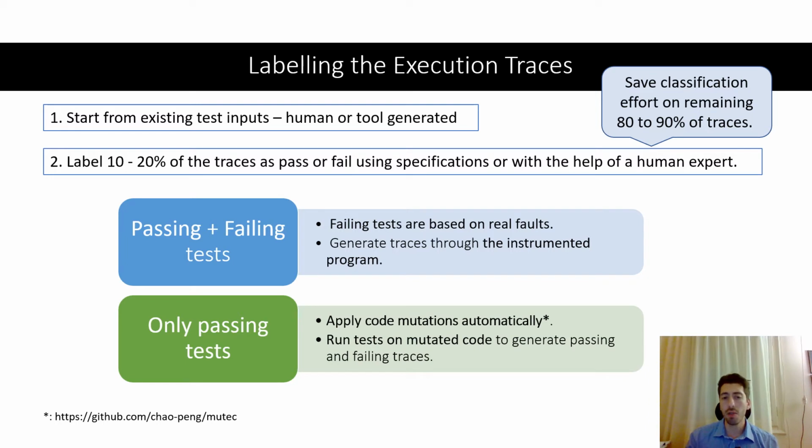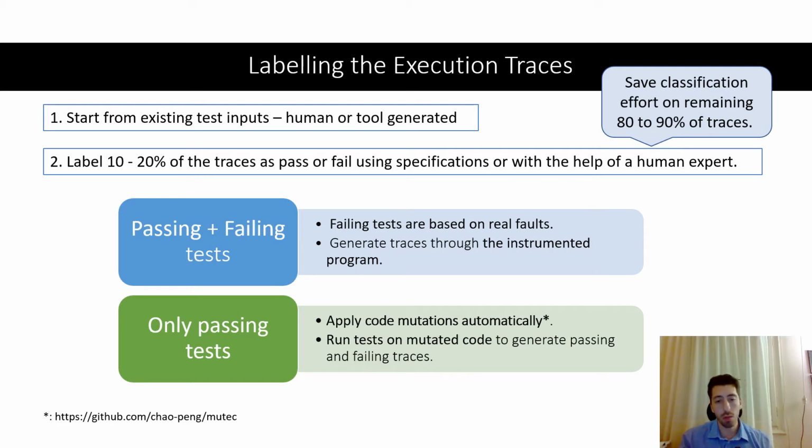So here we can identify two different categories for the source code that we use. It could be that a code base contains failing tests that are based on real faults. That is very helpful for us because it means that we have both passing and failing tests, and we just instrument the code base and generate traces through the instrumented program.